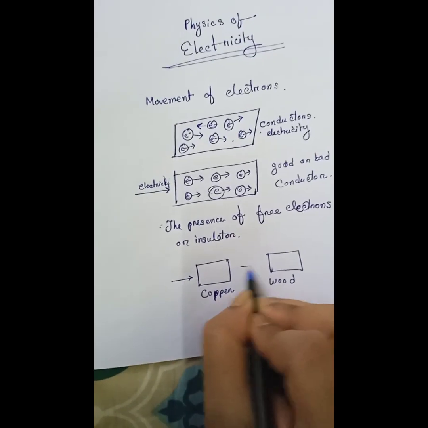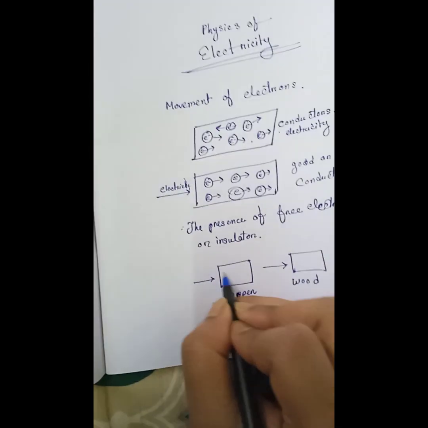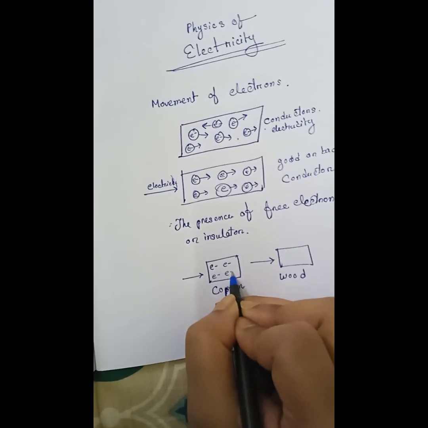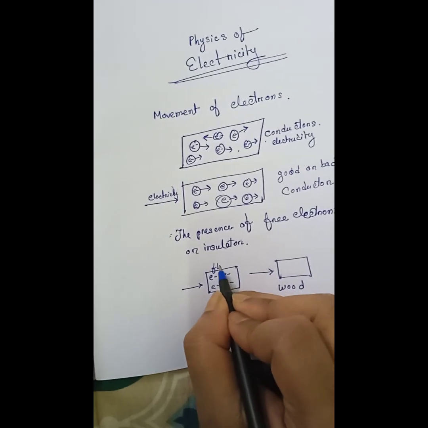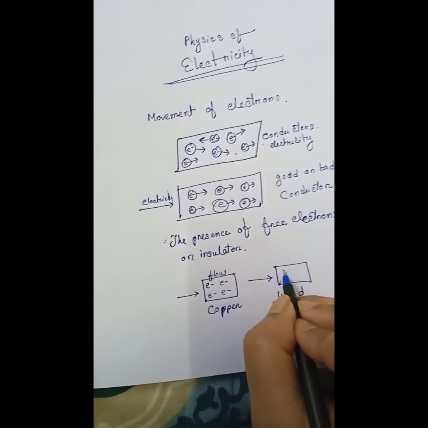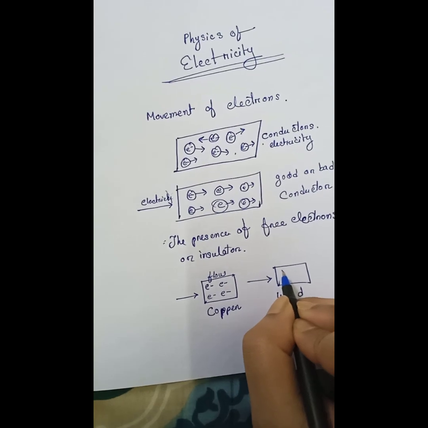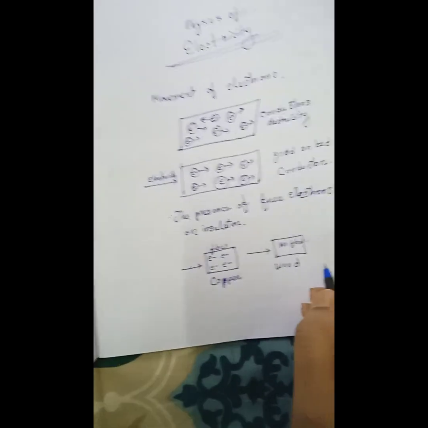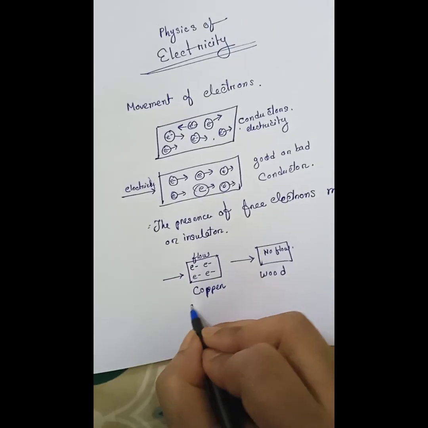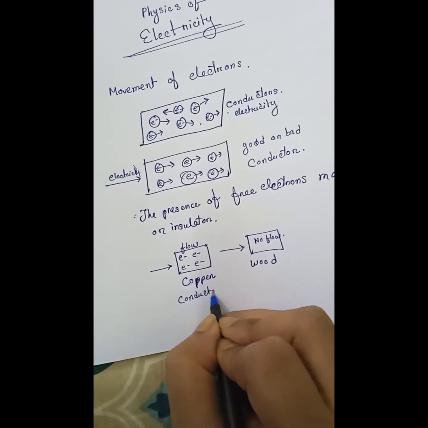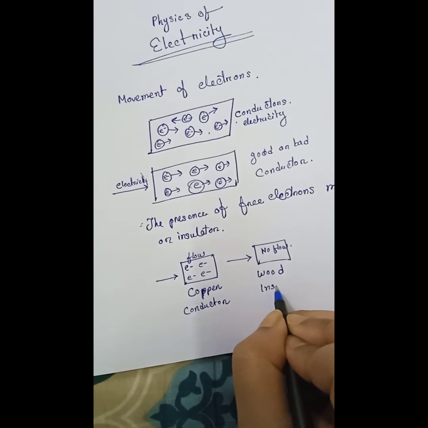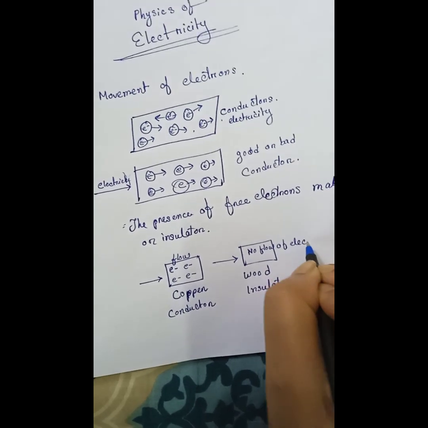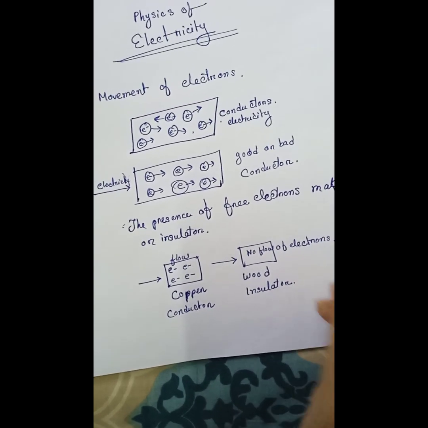If we give electricity to both of these, we will see that electrons move in a specific direction in the copper, that is, the flow of electrons could be seen. Whereas in the wood there is no electron, so there is no flow, or if there are electrons also, the flow will be very little, and that makes it an insulator. Thus copper is a conductor and wood is an insulator. There is no flow of electrons.